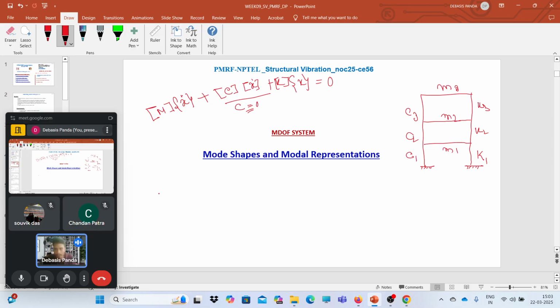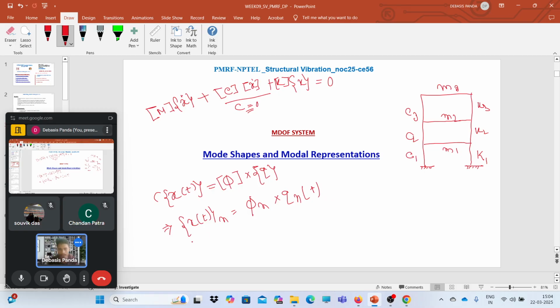And we have seen that the physical response, say x of t, will be nothing but the modal matrix multiplied by your generalized coordinates q or z, right? Or for a particular mode we can write x n equals to phi n multiplied by q n.